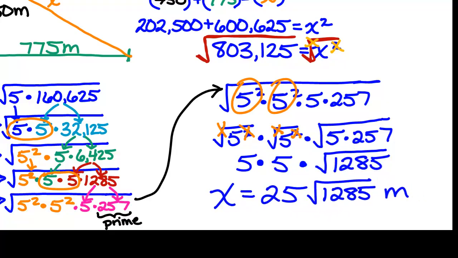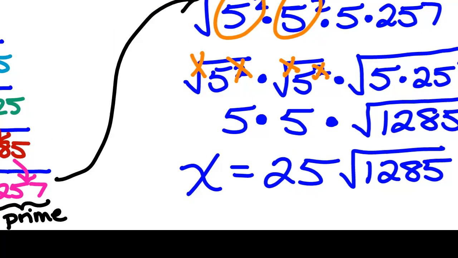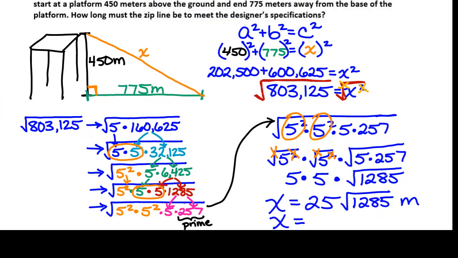Or, depending on the way the directions ask for the answer back, they might have asked for your answer back in decimal form. What do you get in decimal form if you go all the way back to here and do the square root of 803,125?